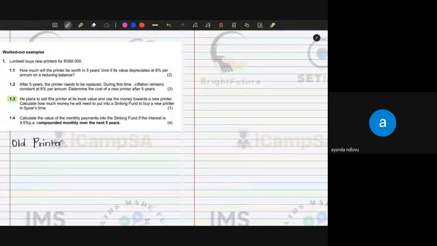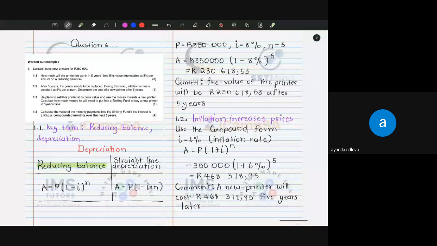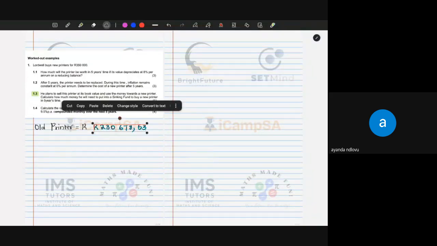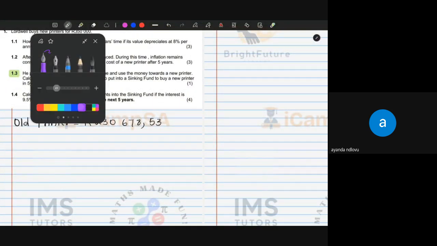The old printer, which he will sell, will be worth, you can sell it at 230,000 and a few cents. So this is what he's going to get for his old printer when he sells it.